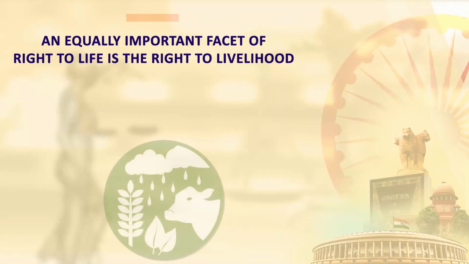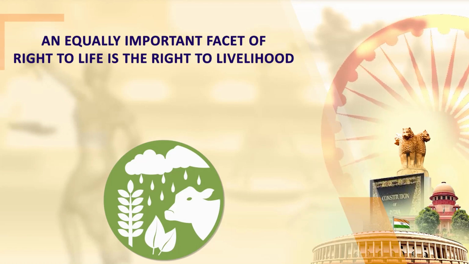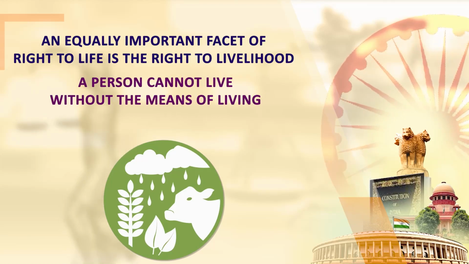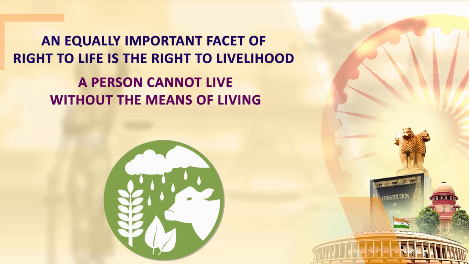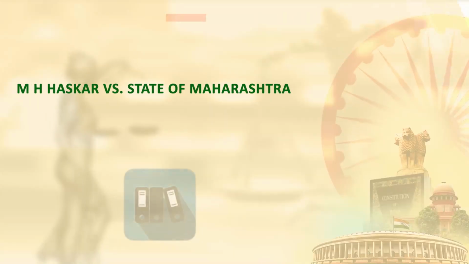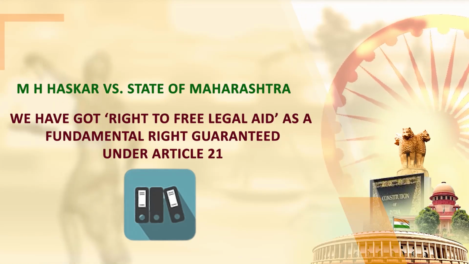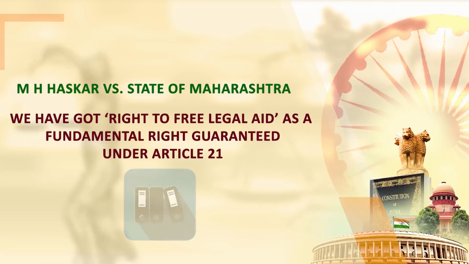In the language of the court, an equally important facet of the right to life is the right to livelihood, because a person cannot live without the means of living, that is, without the means of livelihood. Another example, M.H. Hoskot versus State of Maharashtra, where we have legal aid as a fundamental right guaranteed under Article 21.